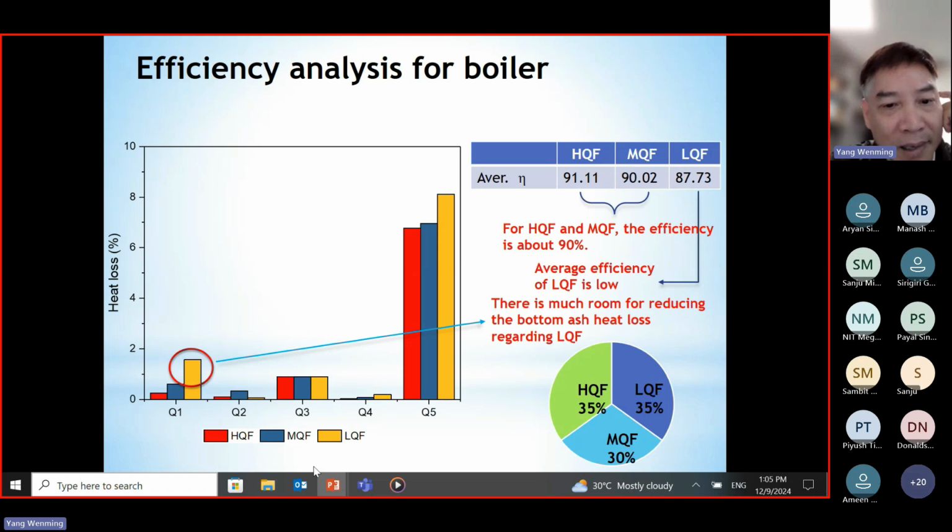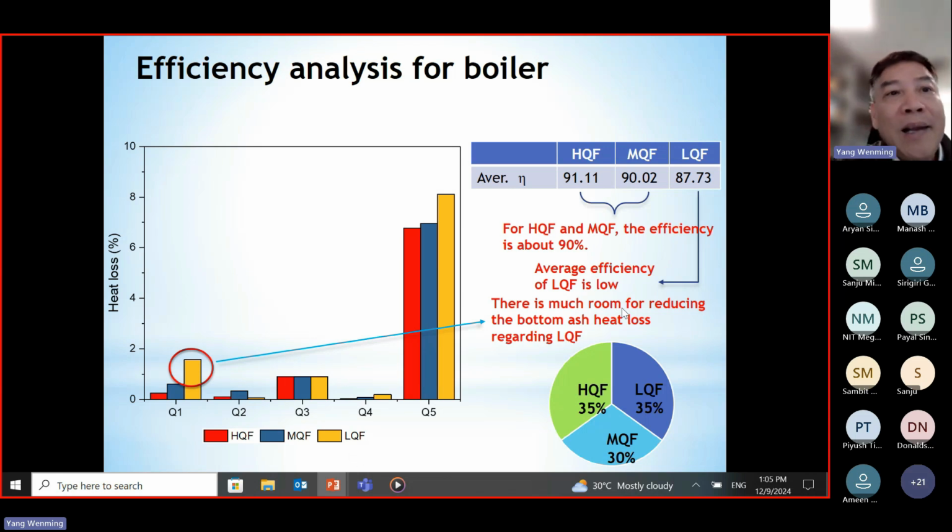The second largest is the external surface heat loss, and the third largest is due to the bottom ash. Only for the low quality fuel, the heat loss to the bottom ash and fly ash has a greater value.